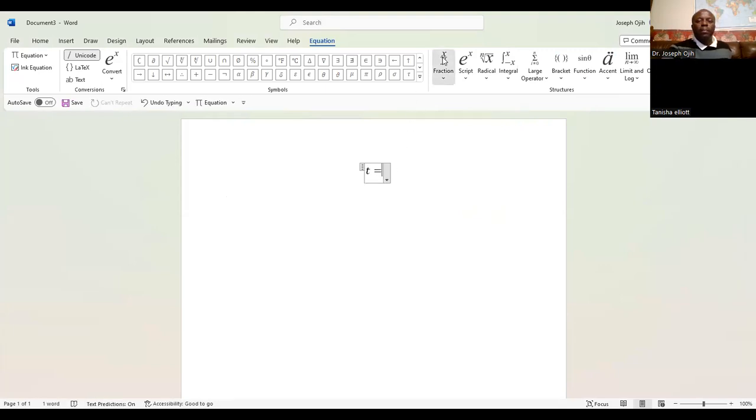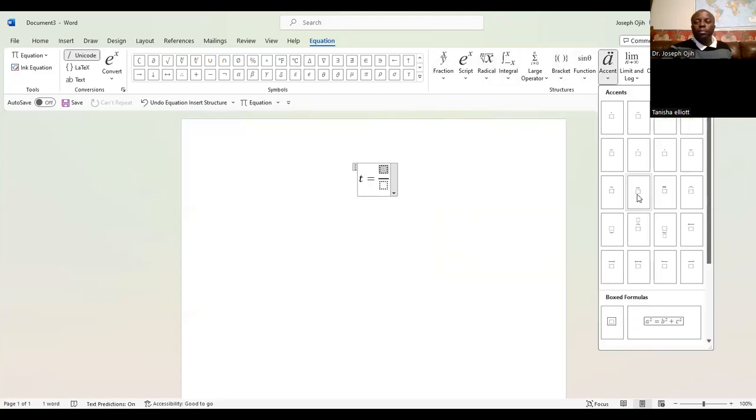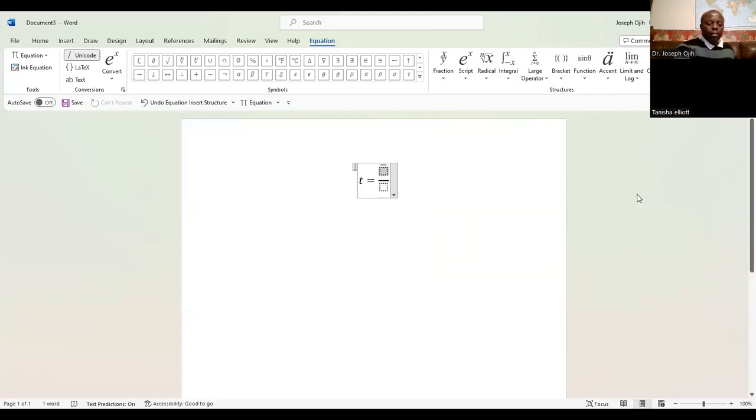Okay, I'm going to put right here X bar minus mean, divided by the standard deviation.